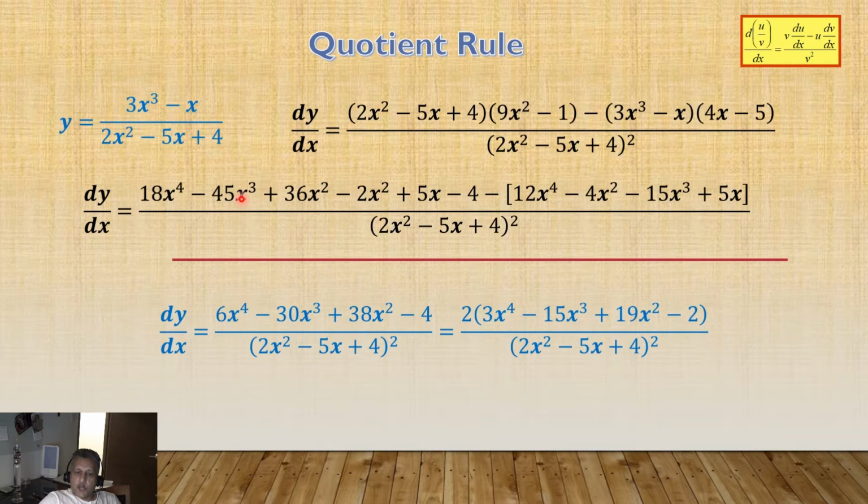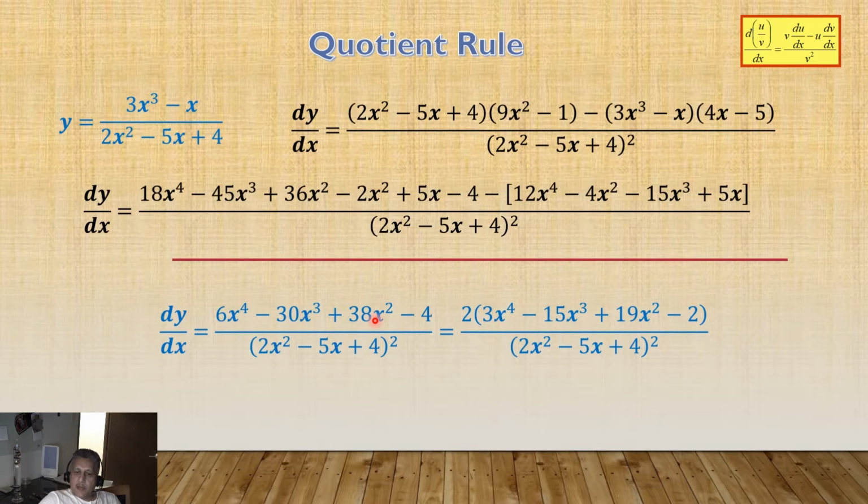And I'm going to go for the cube now. Minus 45, and we have a cube there, but this becomes plus, so it becomes minus 30x cubed right there. When we look at the square, between these two we have plus 34, right? And I'm looking for the square term. This becomes plus again because of that minus sign, so then they'll become plus 38x squared.